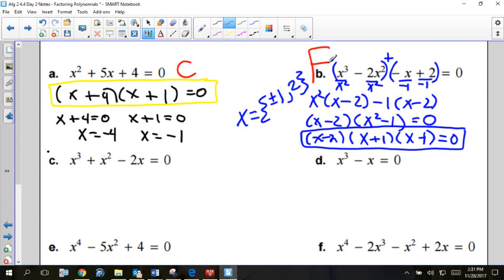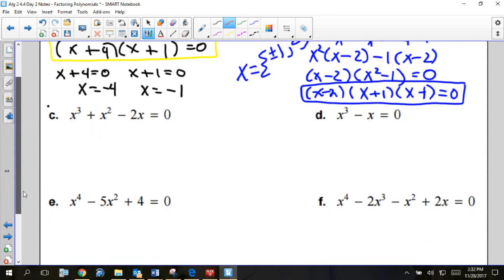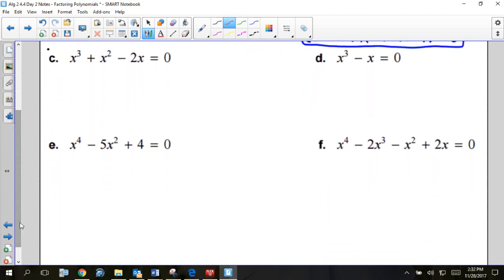That's our first type of factoring. So I'm going to do these super fast up here, that way you can check your answers when you get through. Not trying to intimidate or anything, just trying to get them done.